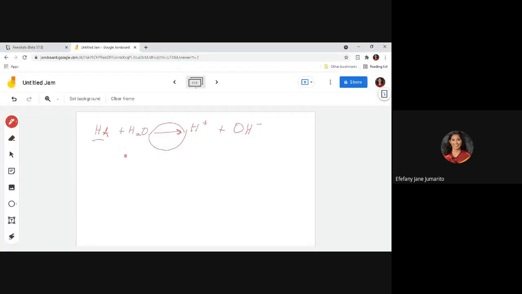If we have a strong acid and a strong base, the calculation is much easier.